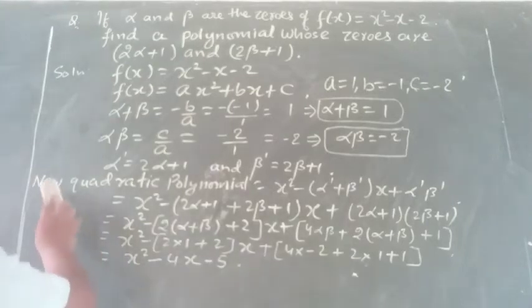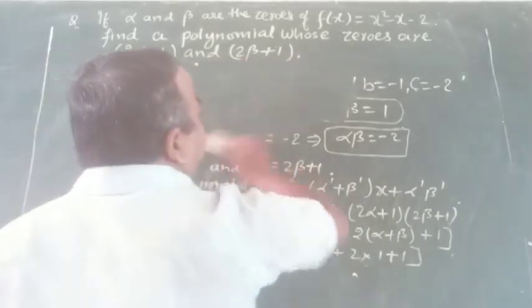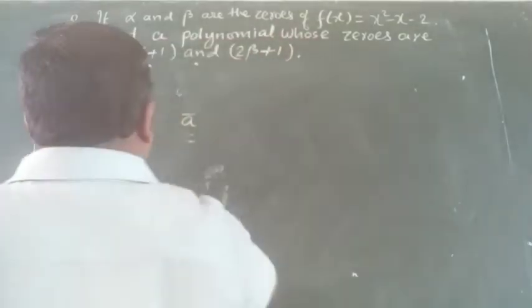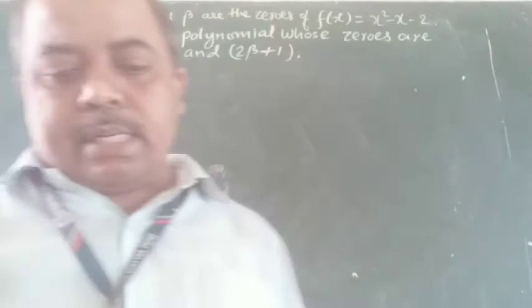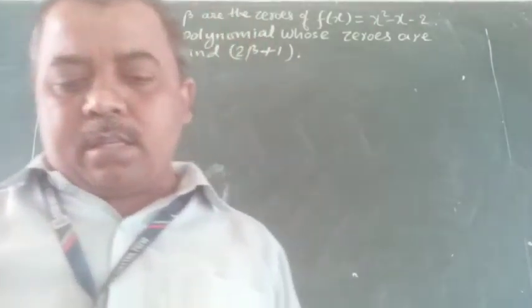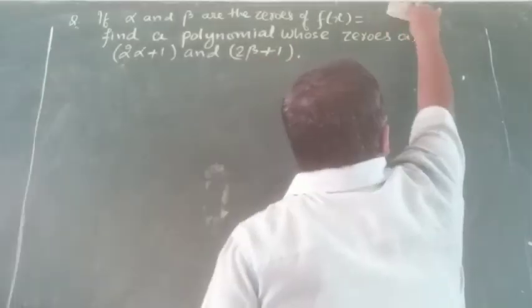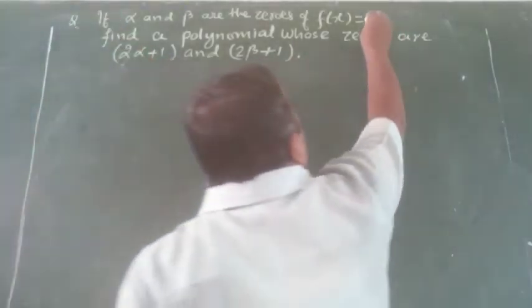Now, second question. What is the second question? If alpha and beta are the zeros of a polynomial x square minus 5x plus k.